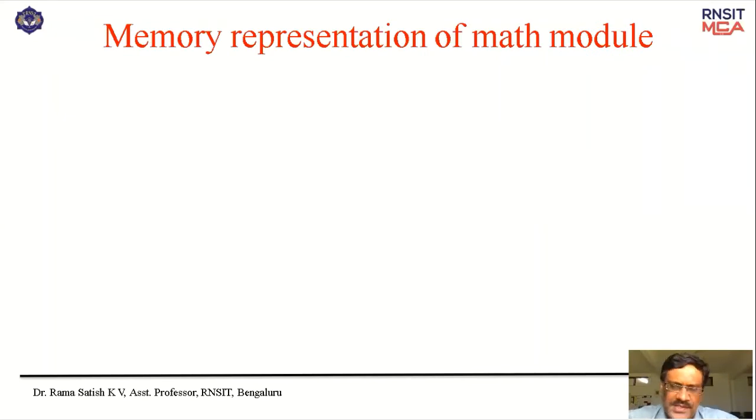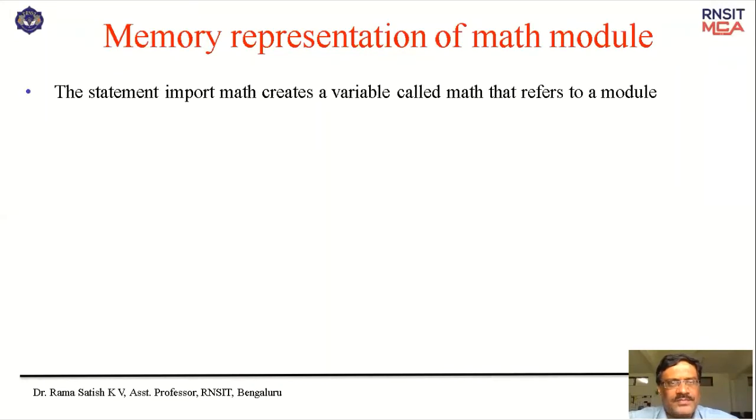Now, memory representation. What happens when you import math? A statement import math creates a variable called math, and that refers to the module. So when you import, a variable object is created.